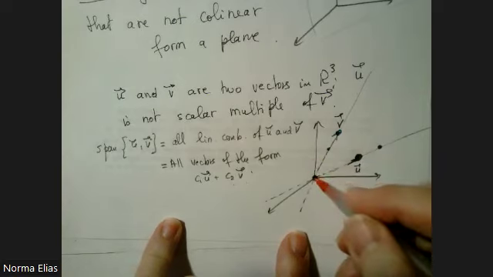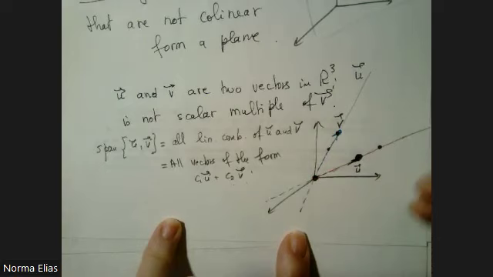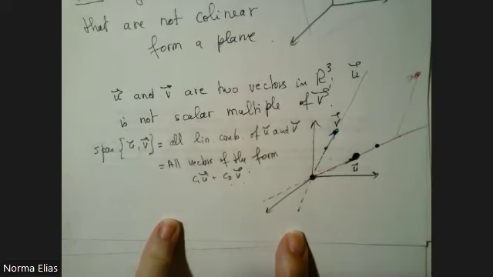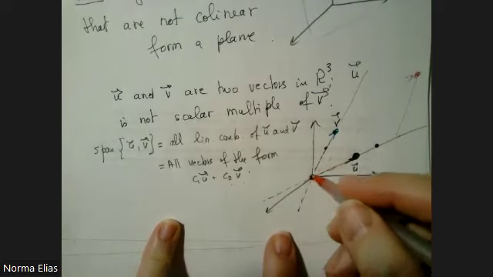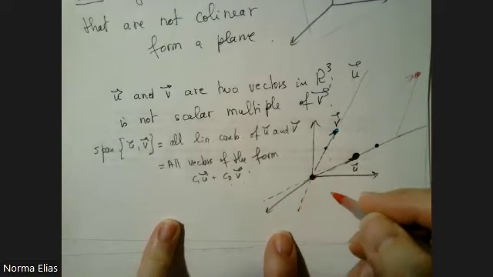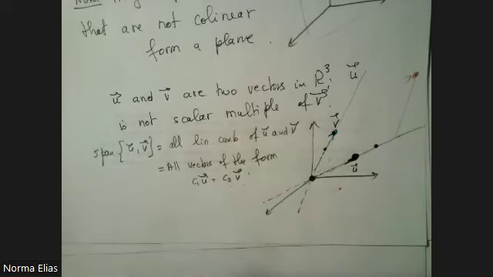I start at 0, I stretch U a little bit, and then I move a little bit parallel to V, and I stretch it. This is a vector in the combination. Another vector in the combination, I can start from here, draw a little bit like that, in the direction of minus U, a little bit in the direction of V, I get that. So try to imagine which vectors we get by doing all this.